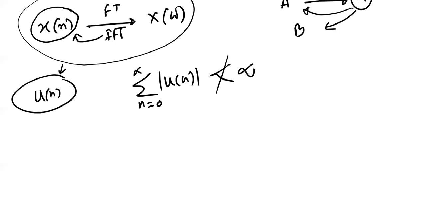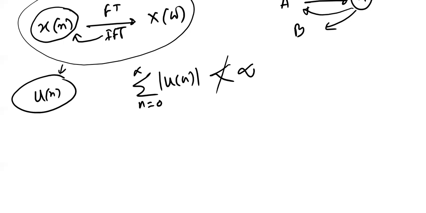So ultimately, according to the concept of the Fourier transform, summability is not required. We found that there are some functions which do not have summability, not even square summability, but they have the Fourier transform.